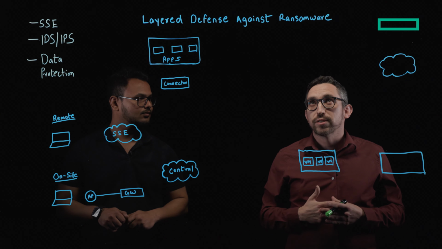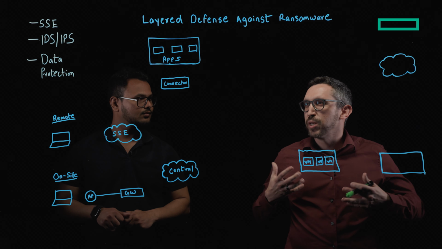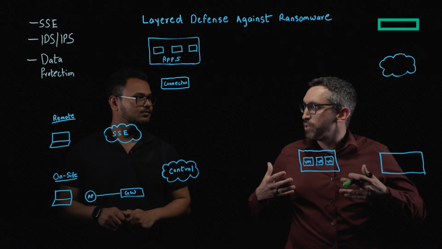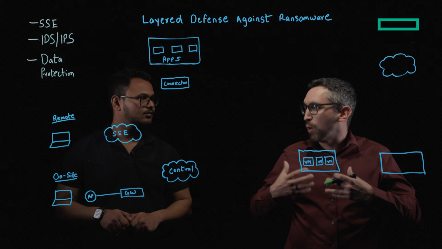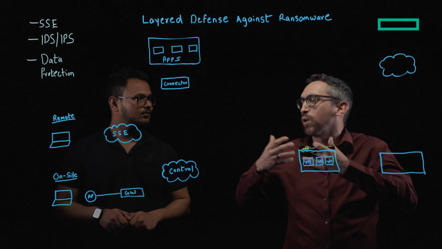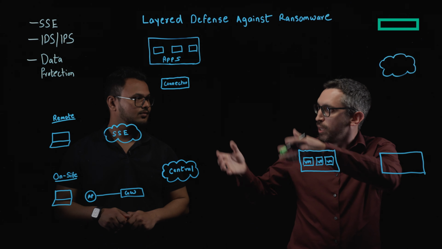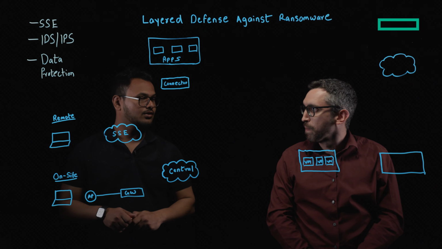So maybe we can get a start off in terms of, I heard something called lateral movement once ransomware actually starts infecting the system. Let's actually go into what ransomware is first, and then we can go into how it plays into those different domains. Sure, Anthony.